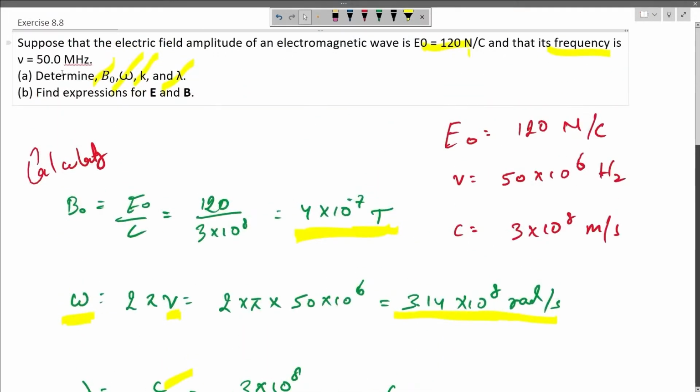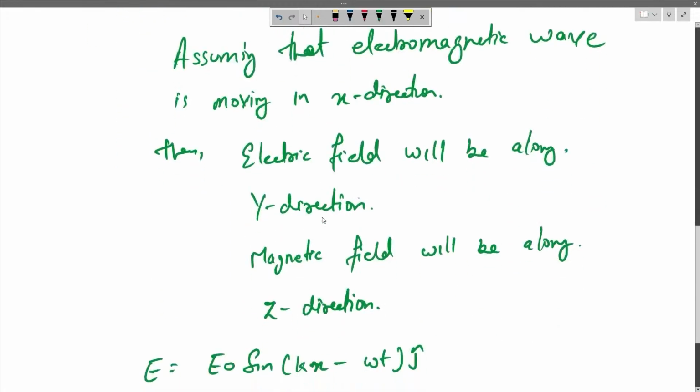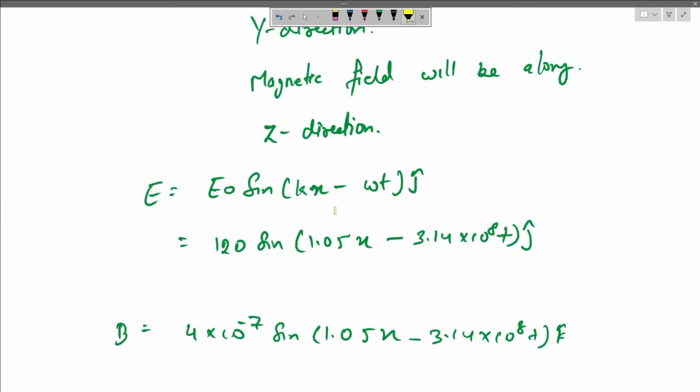Having calculated all these values, we now have to find the expressions for E and B, that is the electric field and magnetic field. So we assume that the electromagnetic wave is moving in the x direction. So the electric field will be along the y direction, and the magnetic field will be along the z direction. So this is the general expression for the electric field and the magnetic field.